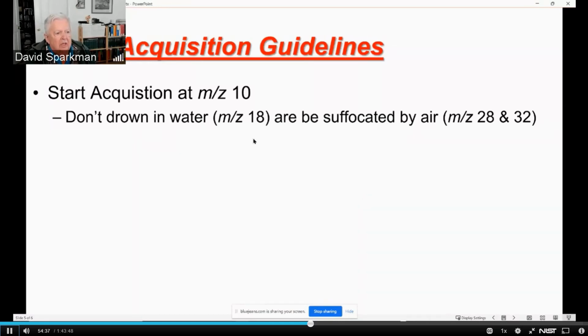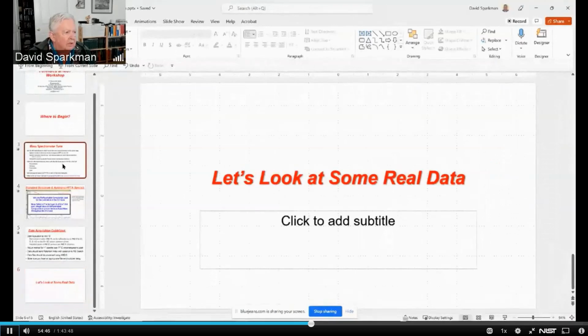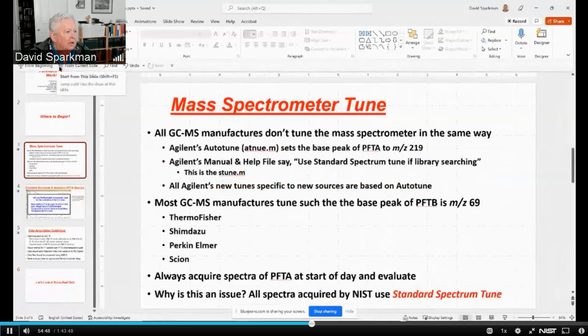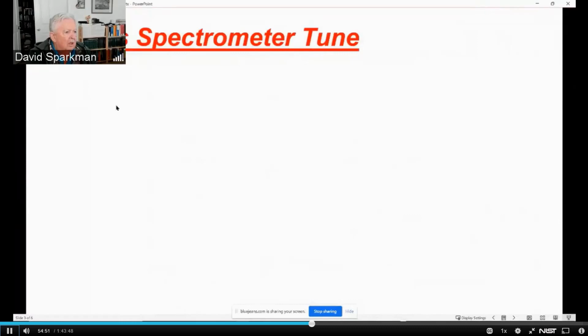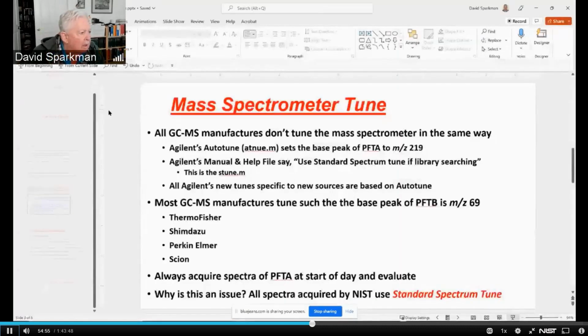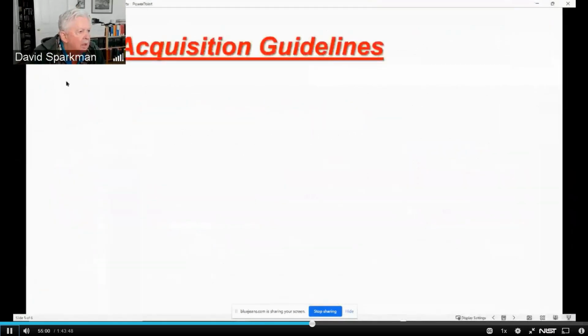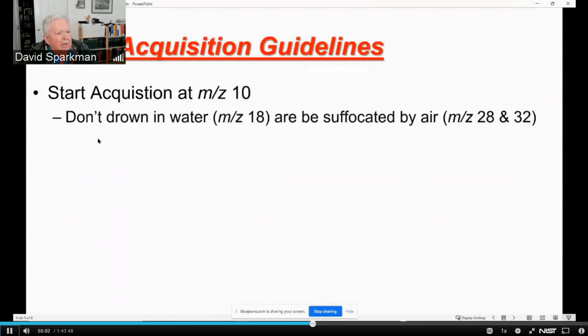You want to see these peaks at M/Z 18, M/Z 28, and M/Z 32, because these peaks indicate that you have leaks in your system someplace.